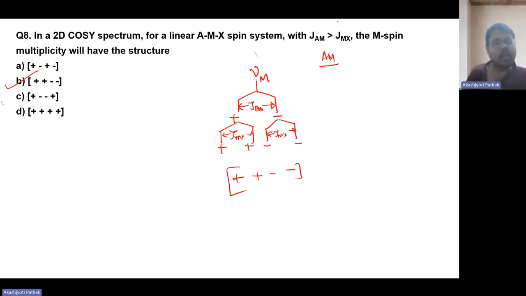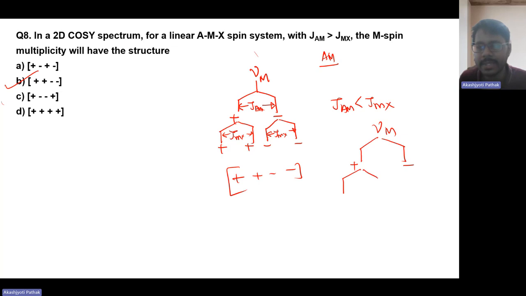So is it understood? What would have been the answer if JAM were less than JMX? In this case, M would first be split into plus minus because it is actively coupled to A. Then there would be splitting by X into two.